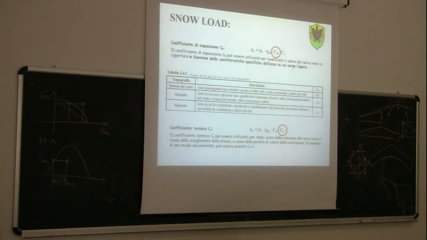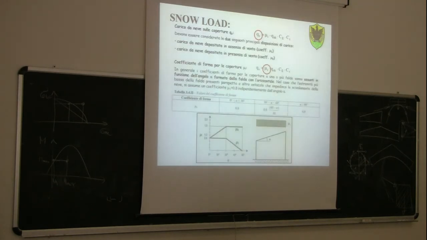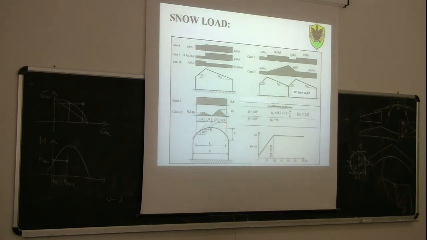When there is snow, we don't go into detail, we already saw this regulation, but you can see here that we have to consider two load conditions. One is the uniformly distributed one, which we know won't be the critical one, but then we also have this other load condition, as some of you mentioned before, with unbalanced load.